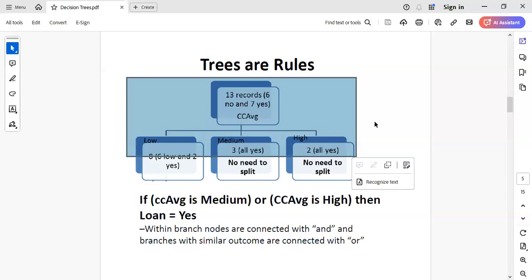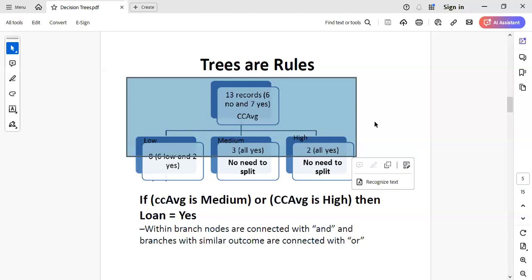So seldom will we give a loan on a single attribute, but as this is an example, I am just quoting. When your right-hand side is the same, that is loan is equal to yes, you can combine your left-hand side with OR. What I mean is branches are connected. Sorry, CC average is medium is one branch.